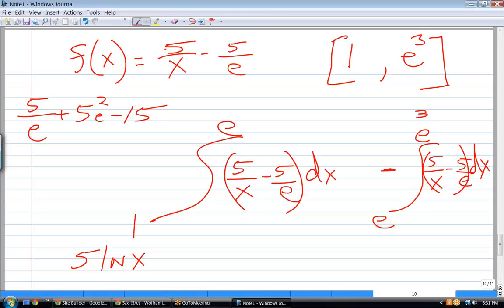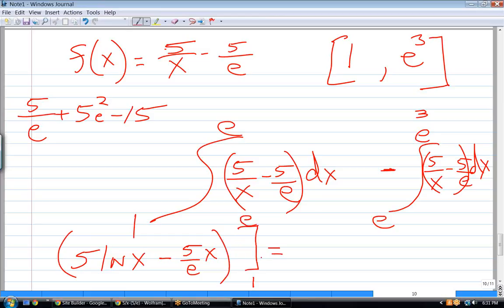Okay? All right. What's the integral of minus 5 over e? Minus 5 over e x. Okay? So I need to take that quantity and evaluate it from 1 to e.